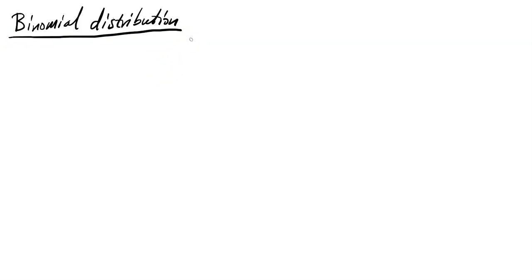You have a binomial distribution if the following 3 conditions are satisfied. First, you are making n identical tries of something. So for example, you are throwing a die n times in an identical way.